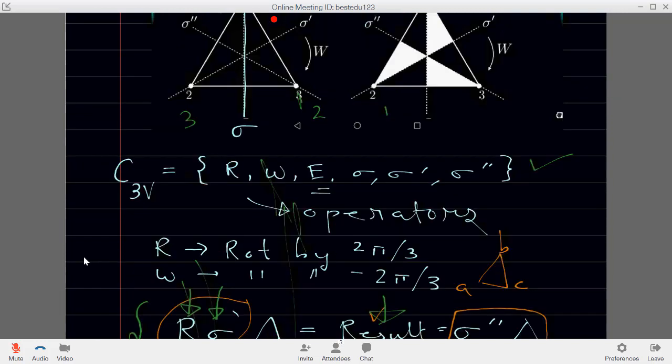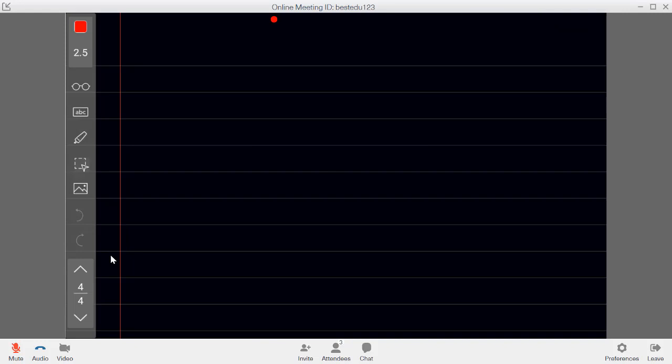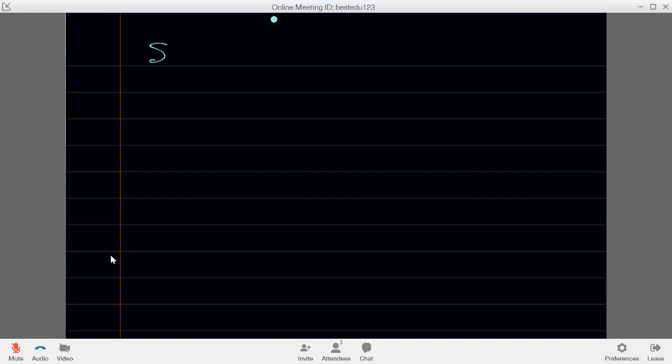C3V is equal to R, omega, sigma, sigma prime, sigma double prime. Okay, so today's class starts from here. So, subgroups. What did we understand from the last class?